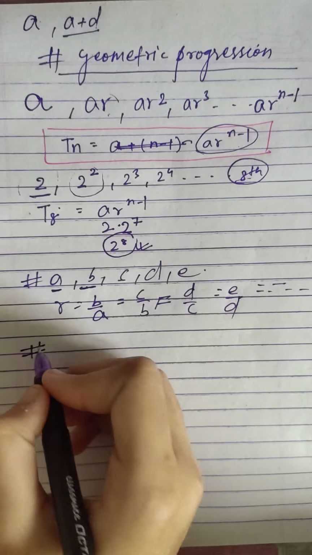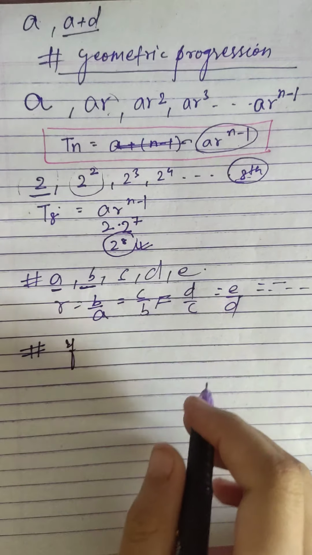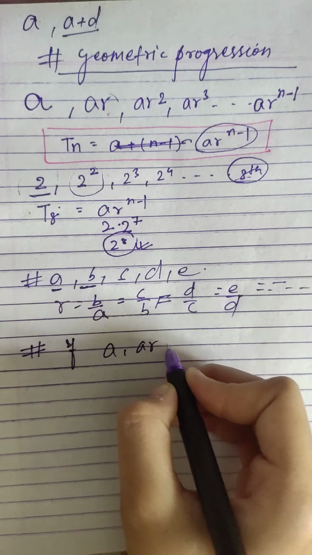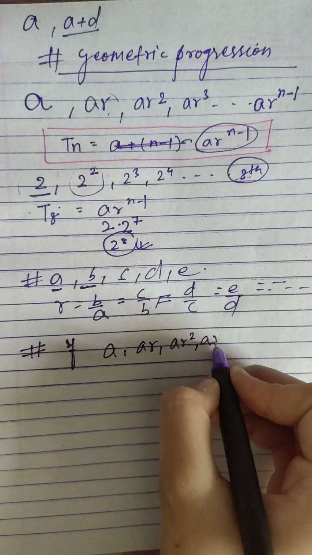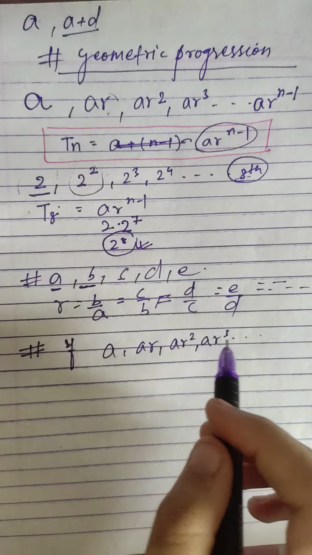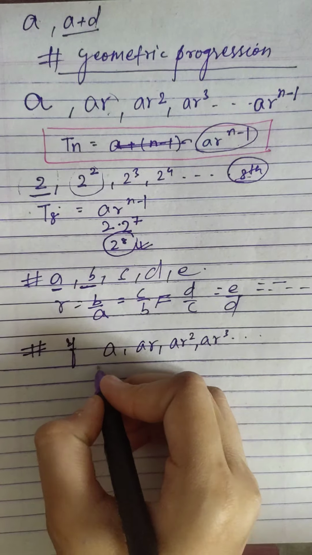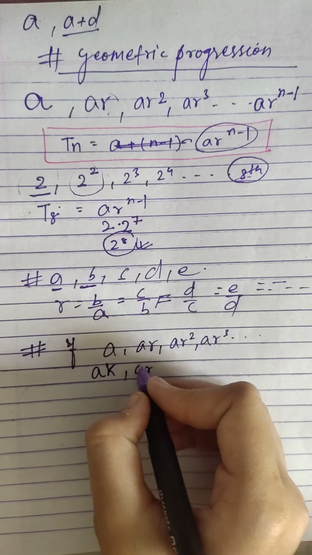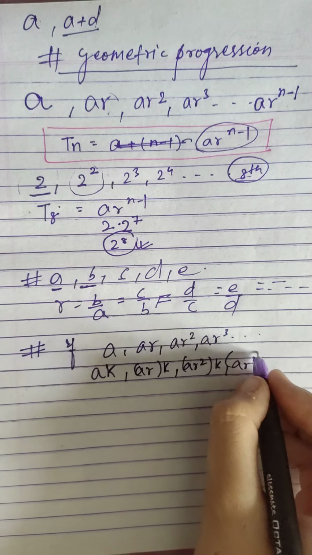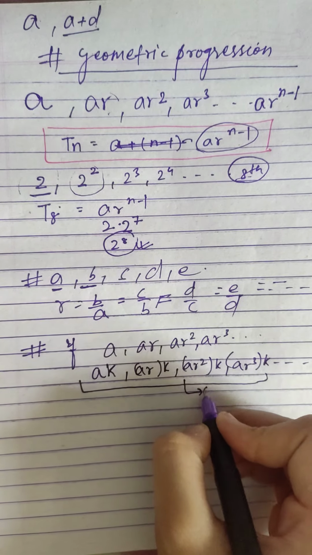Now the next property: if your GP is A, AR, AR square, AR cube, and you are multiplying each term of the GP with some constant, like A into K, AR into K, AR square into K, AR cube into K, and so on, this is also going to be in GP.